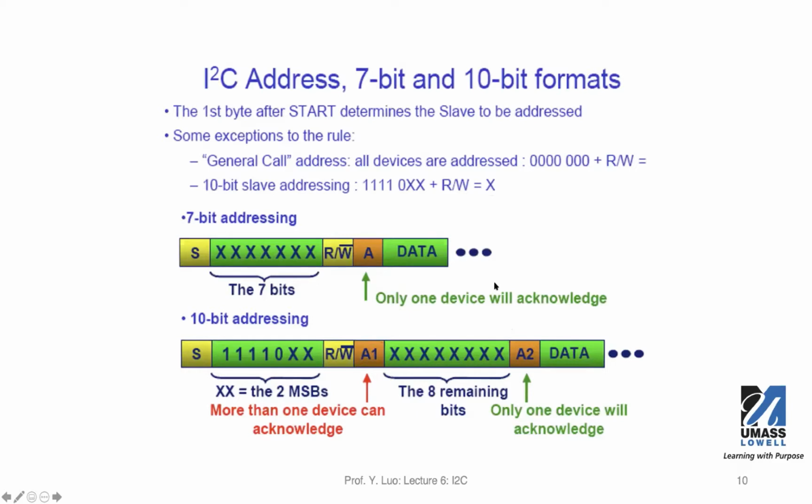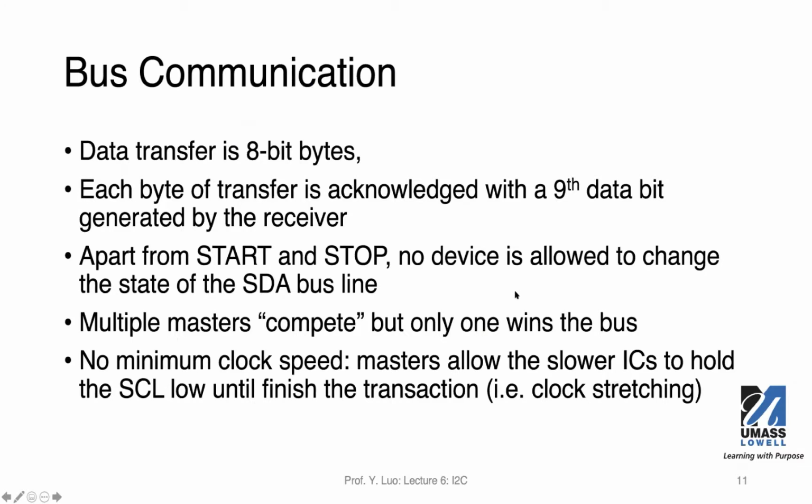I'm going to skip this. This is just some different addressing mode for 7-bit versus 10-bit. It's a bit more complicated. As we mentioned earlier, the bus communication on the I2C is using 8-bit bytes. Each byte of transfer is acknowledged with the 9th data bit generated by the receiver.